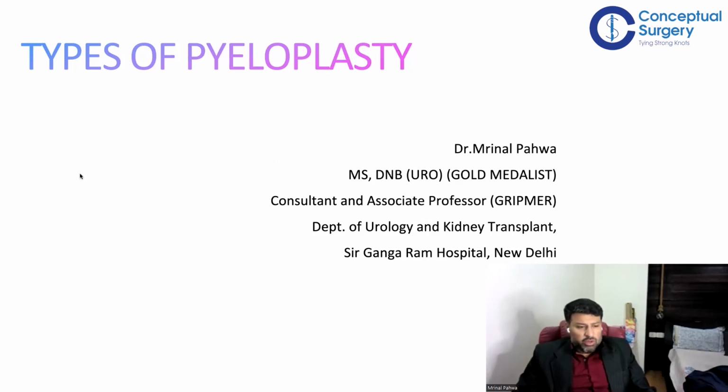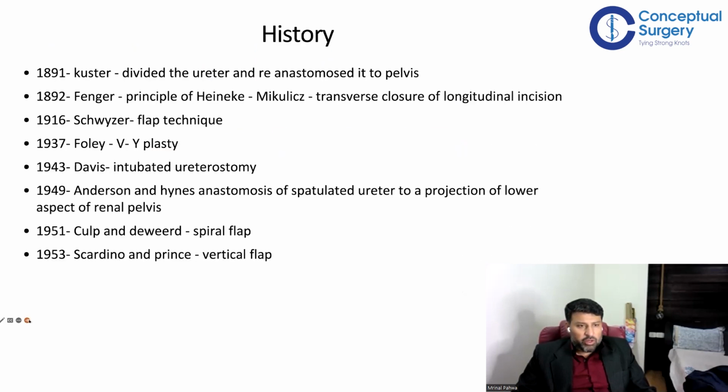So pyeloplasty, as we all know, is done for pelvic ureteric junction obstruction. Tracing the history, we have a long history of corrective surgery for PUJ obstruction. It started from Foley Y-V plasty and Fenger's, a very old procedure, used to be done a few years back, but has been given up.